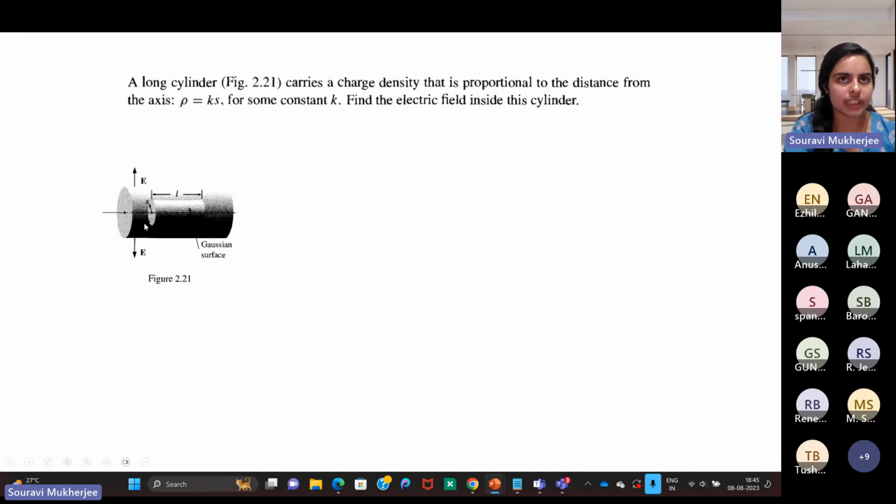So when you do E dot ds, you have to consider the curvilinear surface, so that the area normal makes an angle of 0 degrees with your electric field. If it's perpendicular, the E dot ds term would go to 0, right? Your electric field is directed in this direction, so only the curved surface of your cylinder would actually contribute, right?